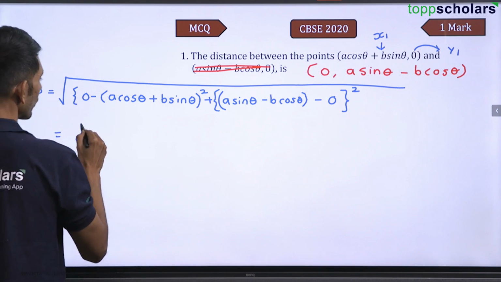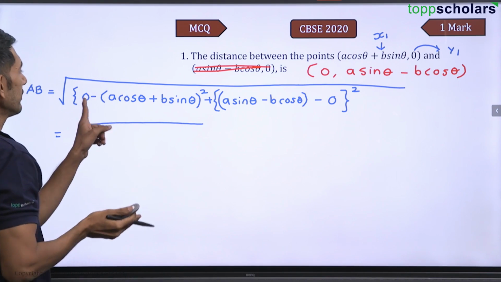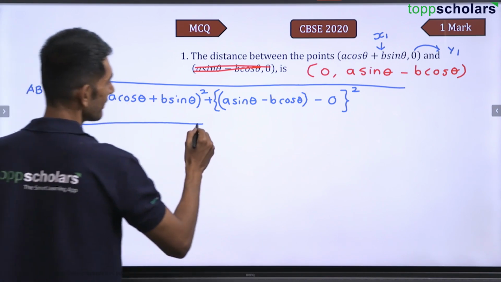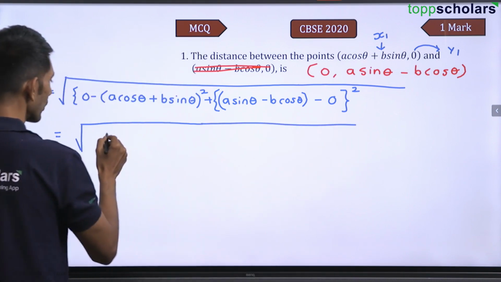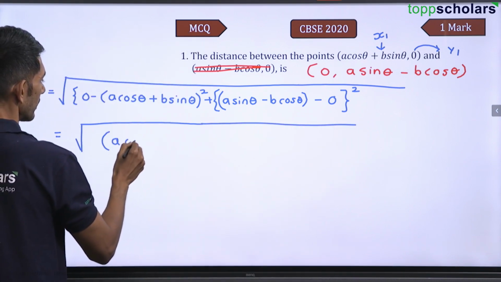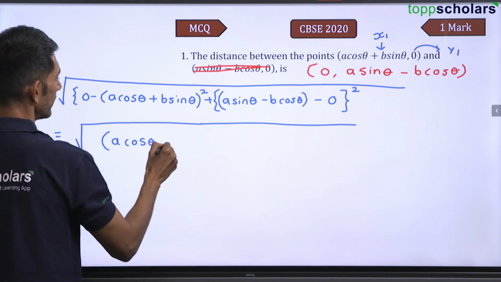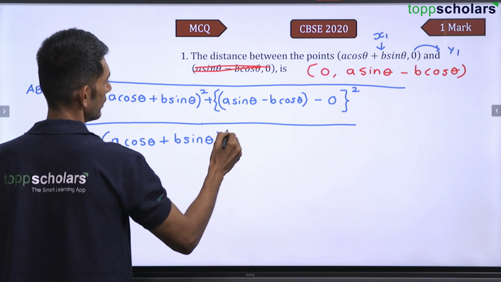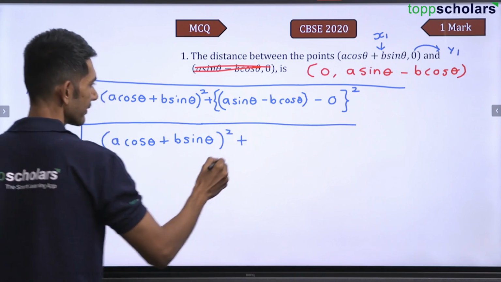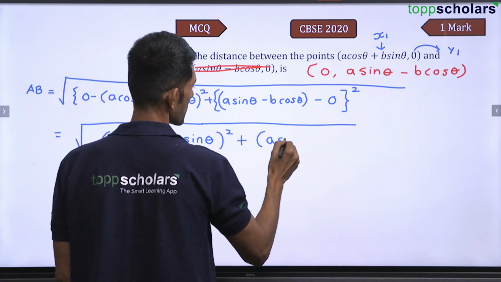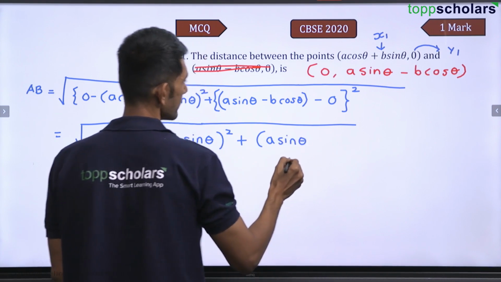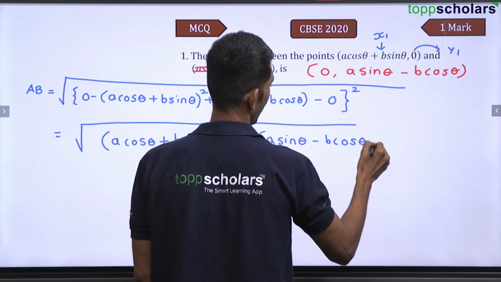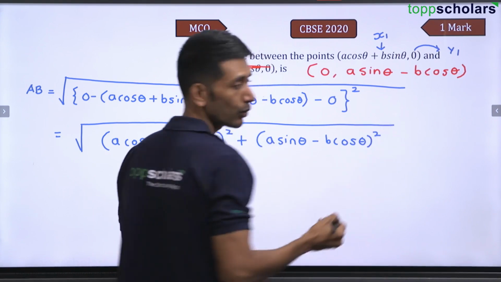So that gives me under root of, see, 0 minus this, square of negative 1 is positive only. So can I say, I'm further going to get a cos theta plus b sin theta the whole square plus a sin theta minus b cos theta the whole square, correct?